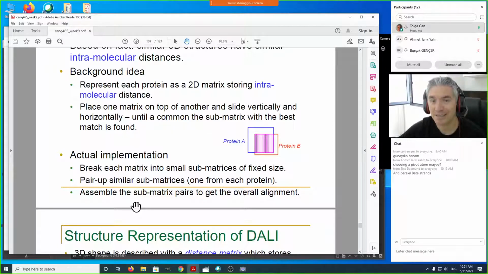Can you select a consistent subset? Which means that, for example, if a submatrix is matched to one here, that same submatrix or part of it cannot be matched to someplace else. So our goal will be to consistently grow, just like extension. The third bullet here is like the extension step of the BLAST algorithm, where we try to extend the high scoring pairs into a larger alignment.